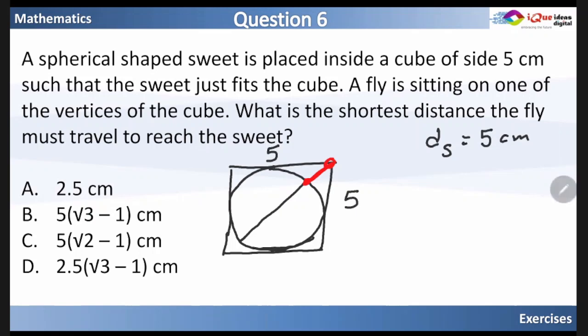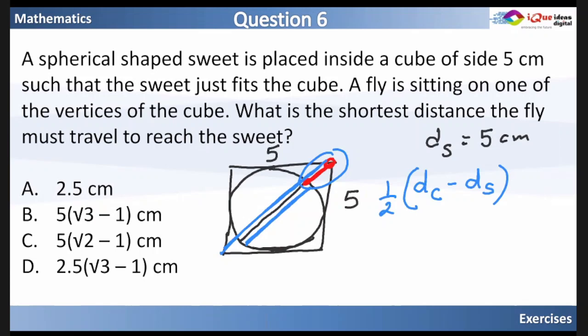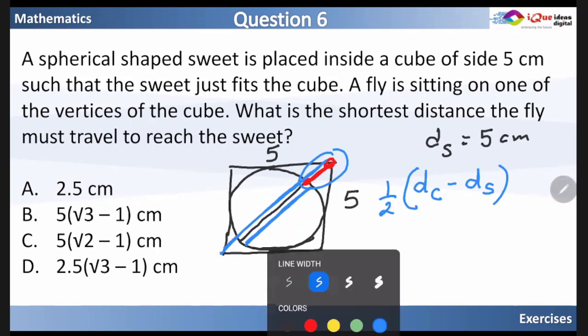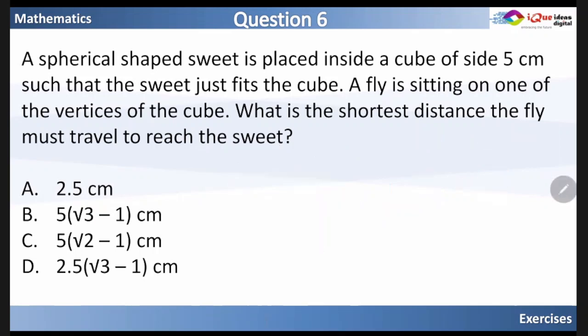So what I need to do is, from the entire diagonal of the cube, if I subtract the diameter of the sphere, I will get twice the length. So half of diagonal of the cube minus diameter of the sphere will give me the required distance, correct? See, I am going to draw it once again.